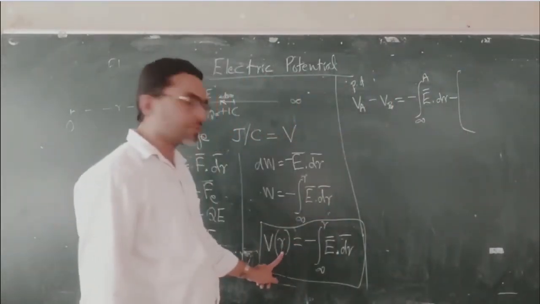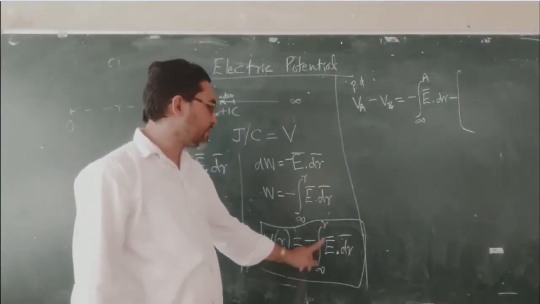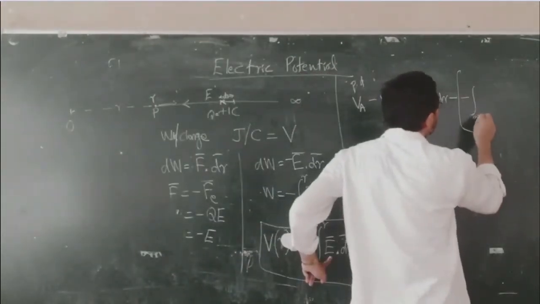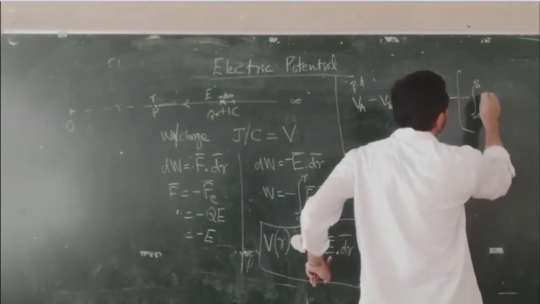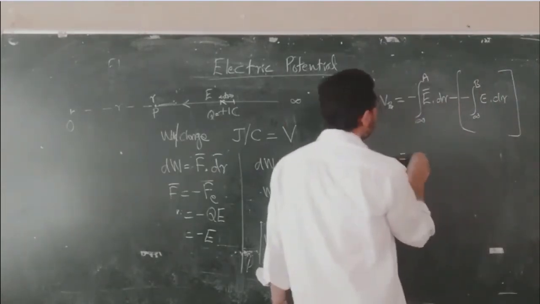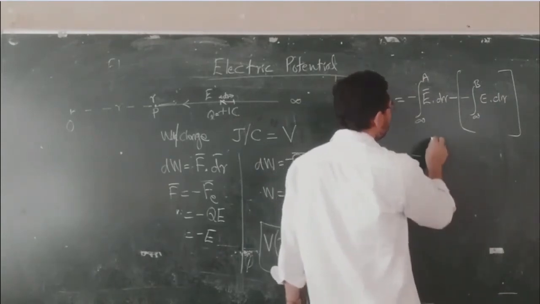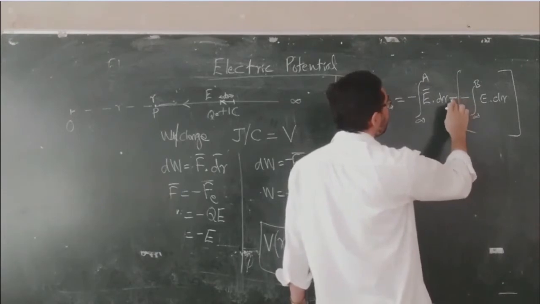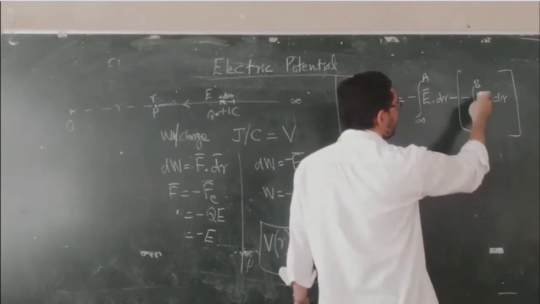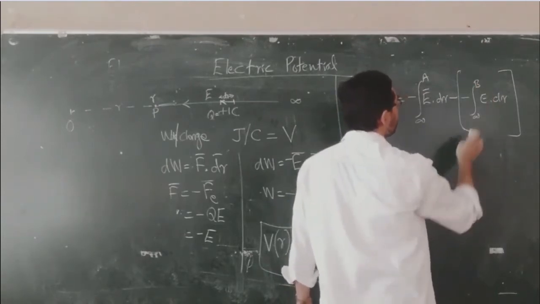By using the same expression, VB is equal to minus integral from infinity to B of E dot dr. So that is equal to minus of an integral where this minus can be taken into the integration so that the limits become B to infinity.